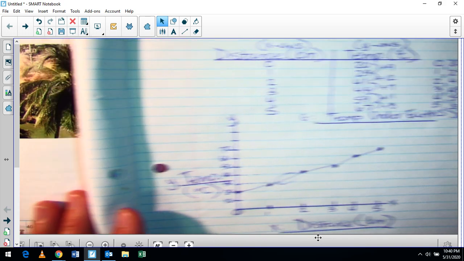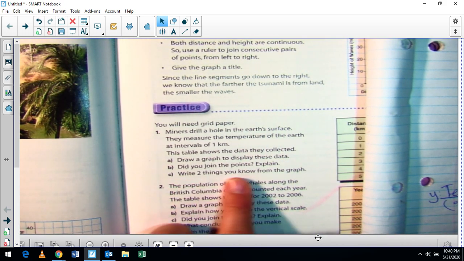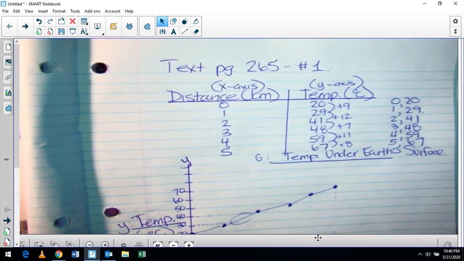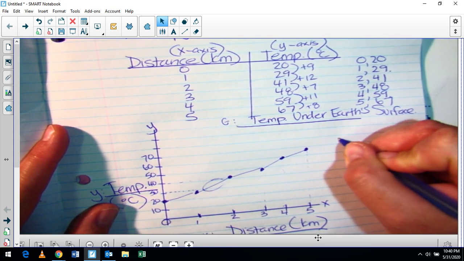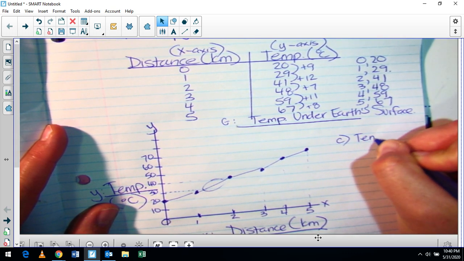The next question asks, write 2 things you know from the graph. Well, one thing I know is that the temperature did not change by the same amount.